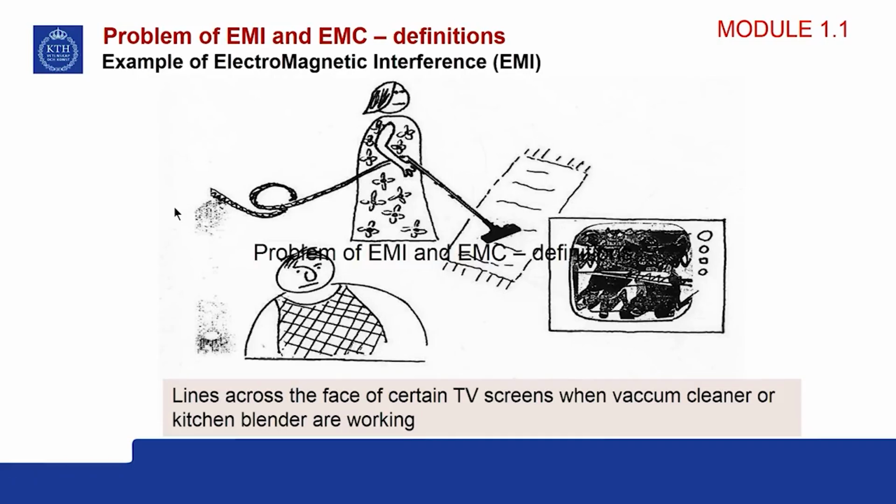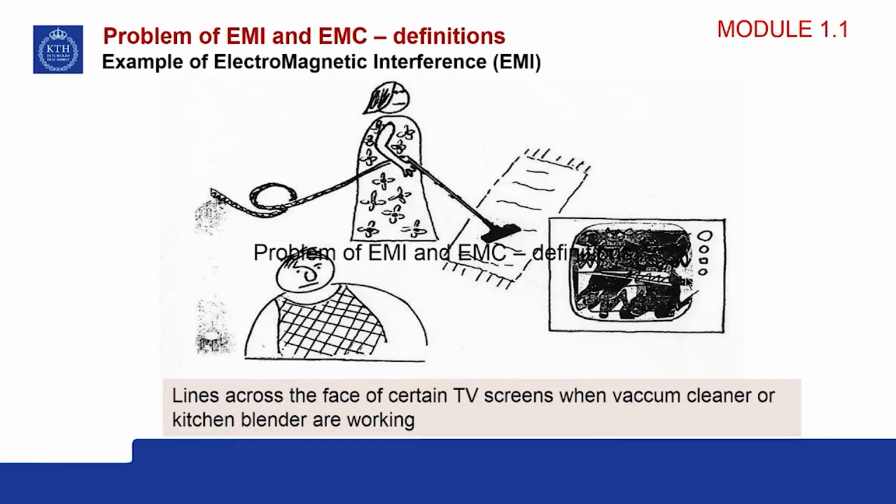And if you had old CRT tube TVs, one could very clearly see lines on the TV screen and an anode partner over here. So, you can see that the lines may be due to the disturbance created by the motor onto the CRT tube. So, this is one example.